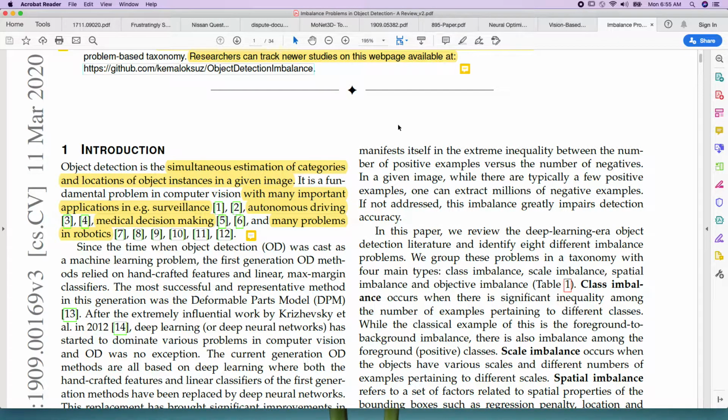Because in autonomous driving, we have that. In medical decision making, where you need to perform surgery, you may have some devices that will help to locate where you have the fractured bones or injuries, or where the doctor needs to cut. And of course, many applications in robotics, in picking objects in assembly plants, in factories, in industries.